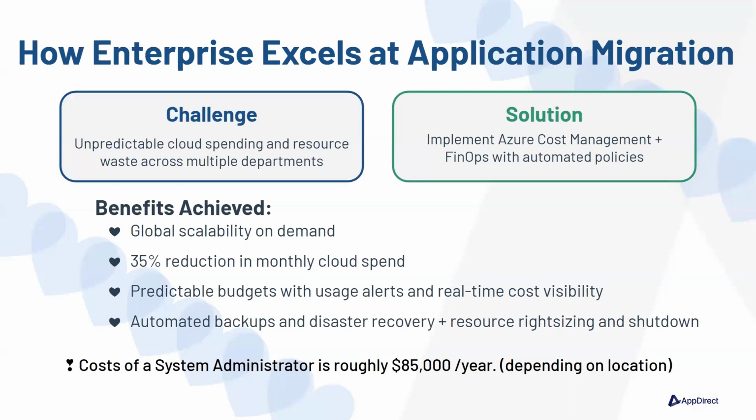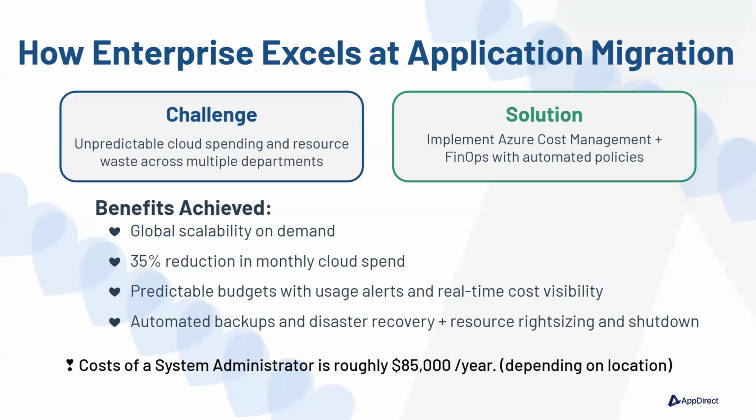Now, they experience a 35% reduction in monthly cloud spend by going with Azure. And if they set up predictable budgets, they can get usage alerts and real-time cost visibility, right? Also, automated backups, those are big, especially for financial companies, right? Banks or government contractors, right? They need to make sure that everything is backed up automatically and will be deployed automatically in case they get the signal that it's gone down, right?